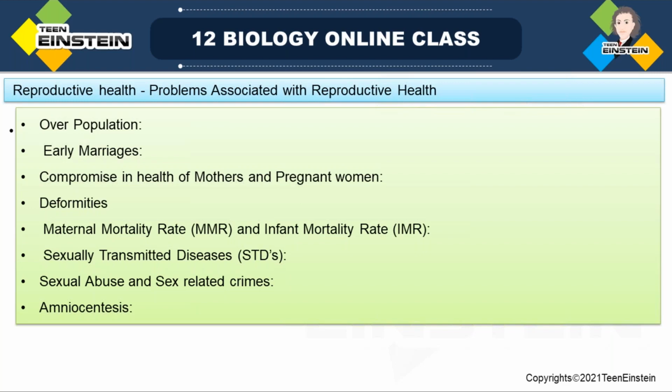Medical facilities should be available, and food and nutrition, nutritious food availability, is very, very important for the health of the mother and the baby. So all these should be available. When the population is increasing, that will affect everything. Then compromise in health of mother and pregnant woman. What do you mean by that?